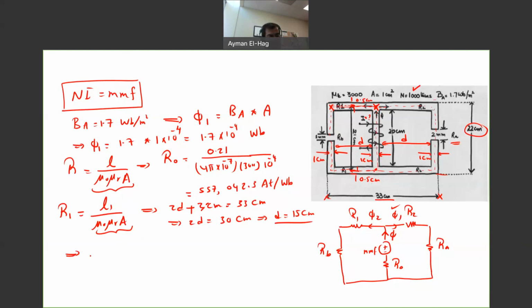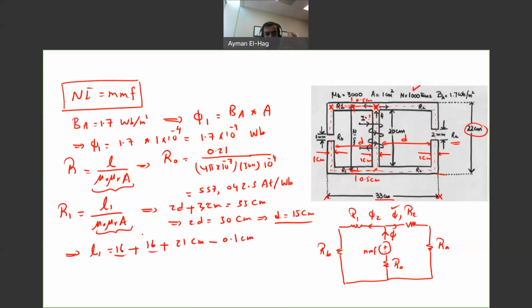So your total L1 will equal this from here to here, which we agreed is 16 centimeter, plus another 16 centimeter, plus the vertical length, which we already calculated as 21 centimeter, minus 0.1 centimeter.